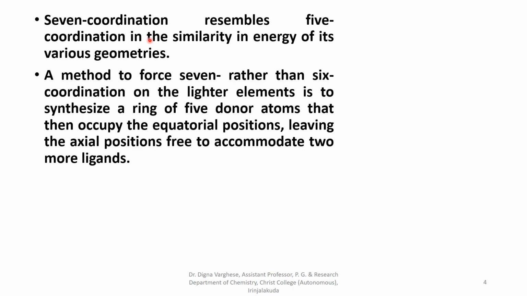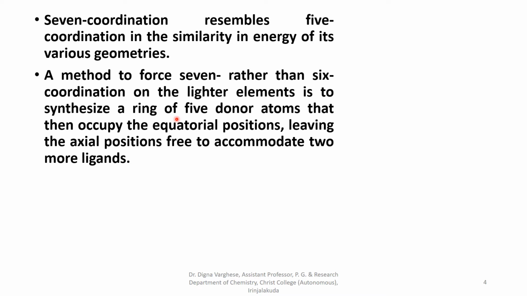A method to force 7 rather than 6 coordination on the lighter elements is to synthesize a ring of 5 donor atoms that occupy the equatorial positions, leaving the axial positions free to accommodate 2 more ligands. This is a tip to prepare a complex with coordination number 7 for lighter elements. You have to synthesize a ring of 5 donor atoms, which can then attach to a metal.